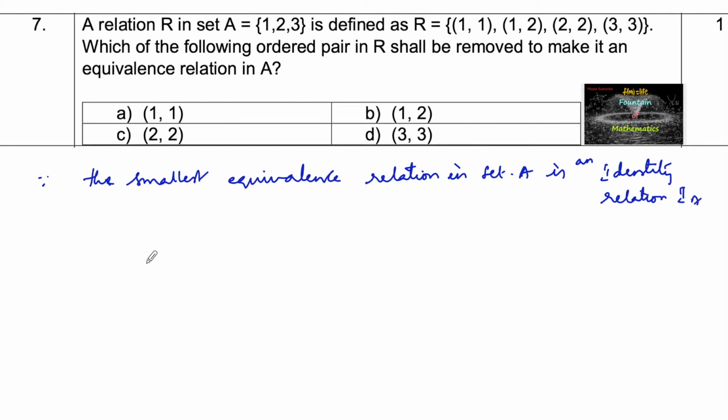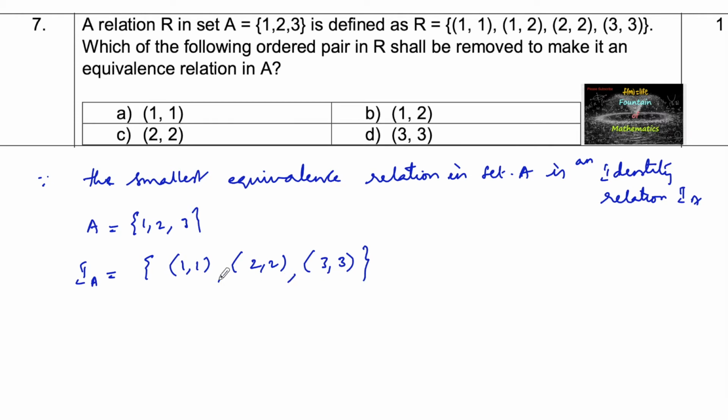So on a given set A is equal to 1 comma 2 comma 3, the identity relation can be taken as 1 comma 1, 2 comma 2, 3 comma 3.